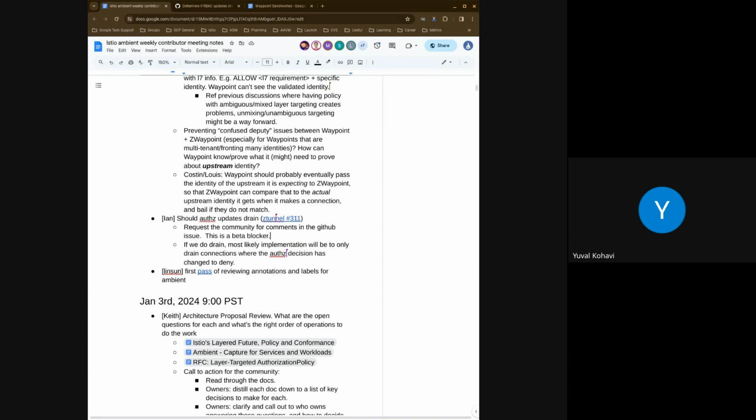I don't have a strong opinion, but at least from the CNI space, I've seen an example of both. So I think both are acceptable. There may be good CNIs and bad. This is my question as well, Yuval. You've got a long-lived connection to something sensitive like a database, you're being actively attacked, you push a policy, nothing happens, you're probably very unhappy.